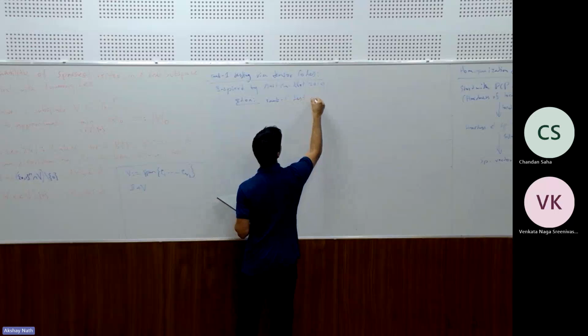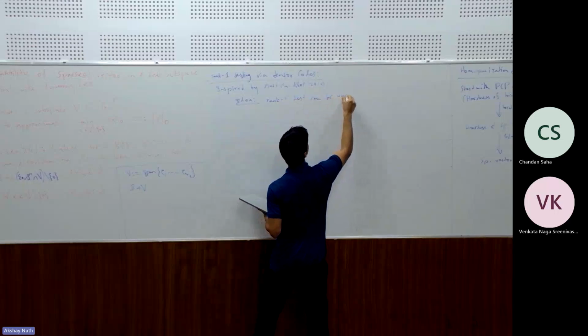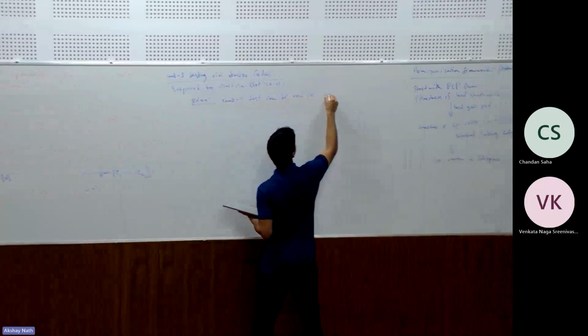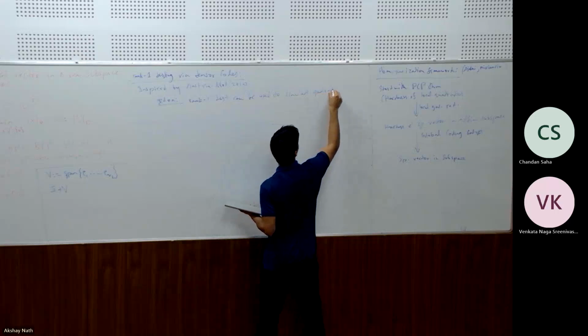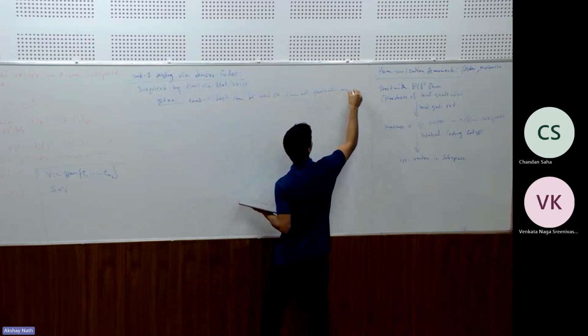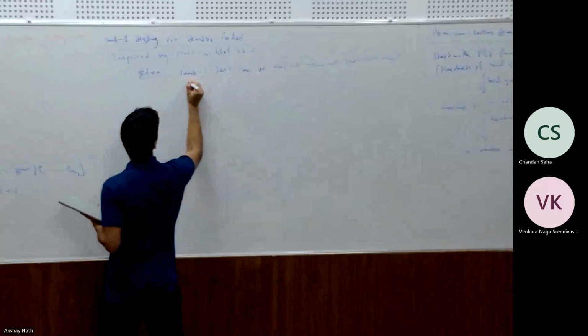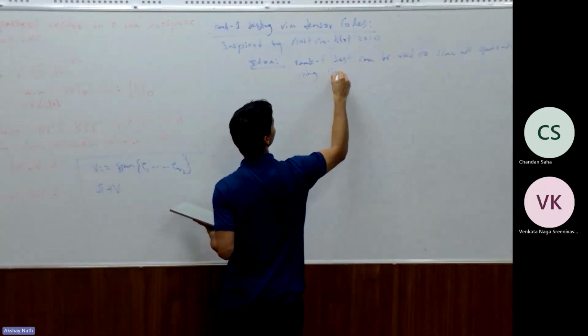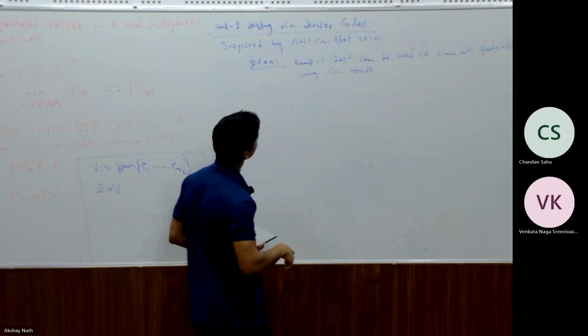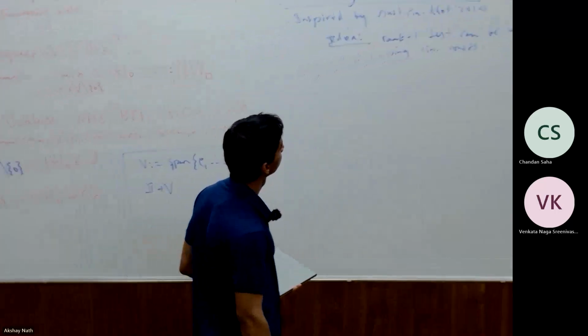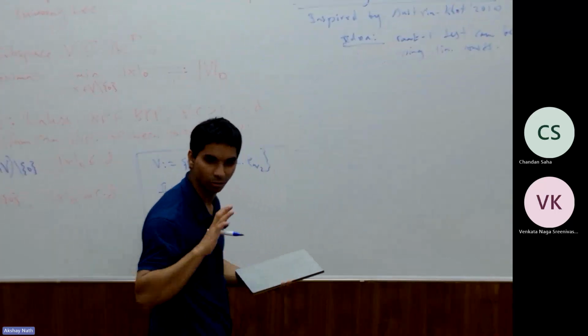A rank 1 test can be used to simulate quadratic constraints using linear constraints. What do I mean by this?